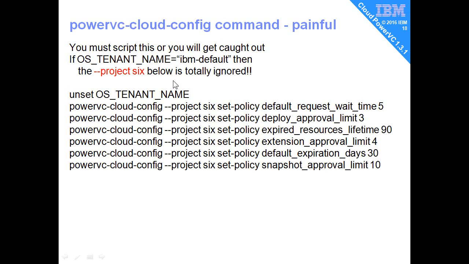If you have in those settings your OS tenant name is IBM default, then even though it says Project 6 in here, this is ignored and it goes for the one in your environment variables. So you think you're setting Project 6 and you just overwrote the values for the IBM default project. So this is why I've got this unset OS tenant name at the top in here, so that then the project name, as supplied by the command, actually overrides the preference. So it's best to put this into a nice big shell script and get them right first time.